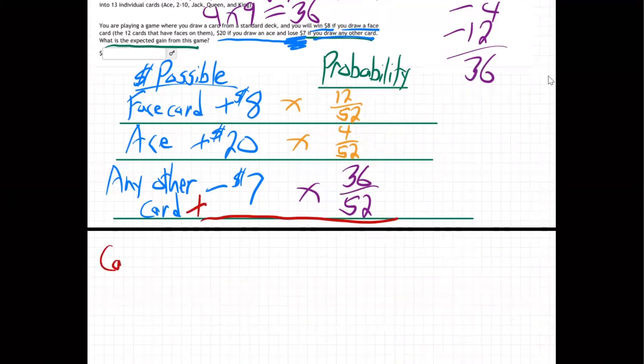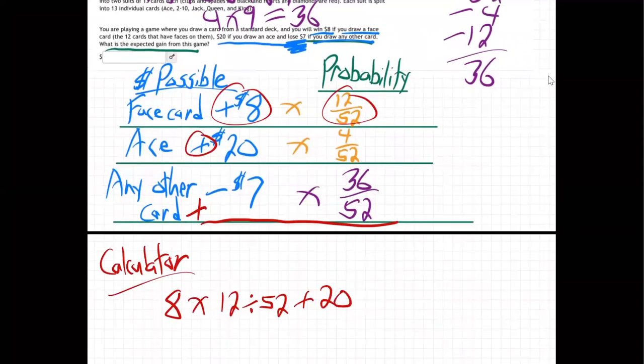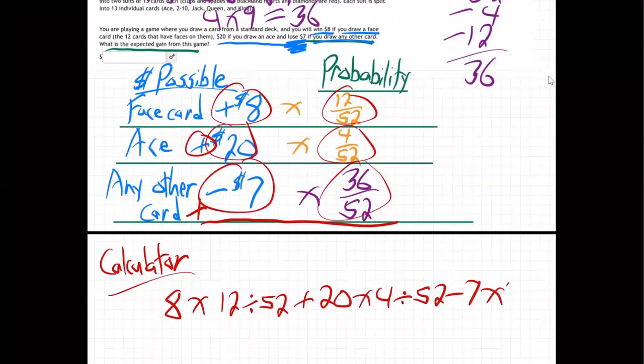So literally on the calculator, here's what I'm going to hit. I'm going to take the first one, 8, and I'm going to go times 12 divided by 52 plus 20 times 4 divided by 52 minus 7 times 36 divided by 52.